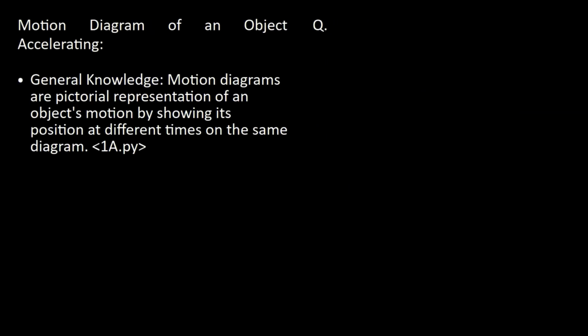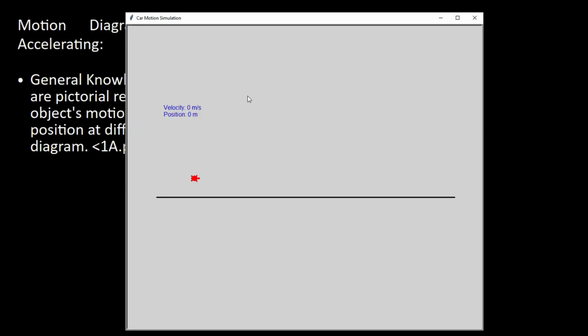Now, motion diagram of an object accelerating. There are many forms, so I'll show you guys one of them. Okay, so it's accelerating at a constant acceleration. You can see the distance the turtle is covering every second is changing.